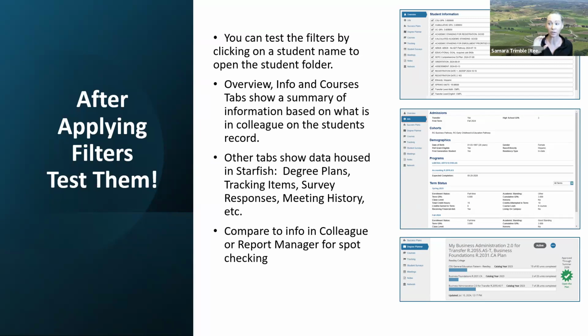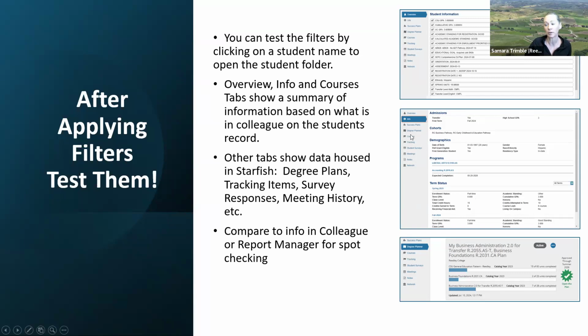The info channel within the student folder is going to show you other things. This is where you can look at the cohorts that the student is connected to. If you selected demographics, you could test to make sure that the students it's pulling in are in the demographic group that you wanted to look at. Active programs. You can also look at units enrolled for the specific term because it gives you the term status down here.